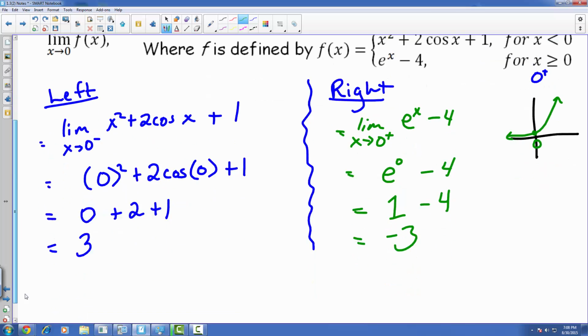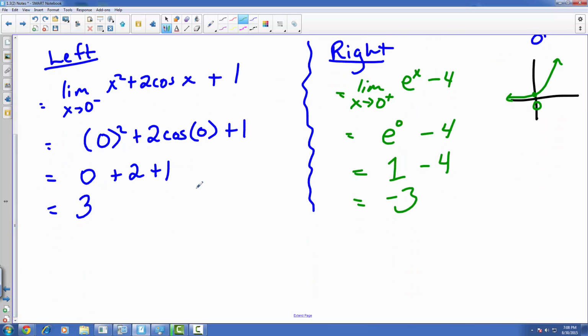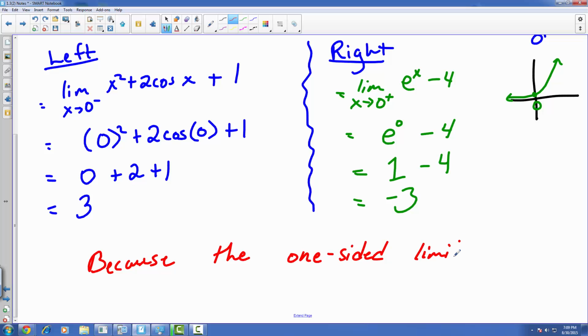Now, unfortunately, as you can tell, the left side does not match the right side. So because the one-sided limits are different, the limit as x approaches 0 of our function f of x does not exist.